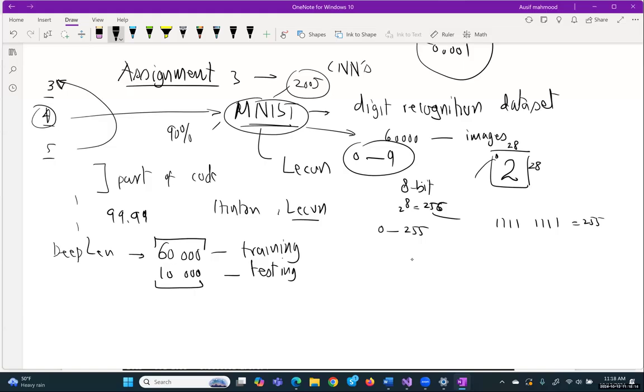So what I did is I randomly selected 1,000 images. So in your assignment number 4, you will not use 60,000. You will use 1,000 images for training, so that in a short amount of time, you can train your network, okay?